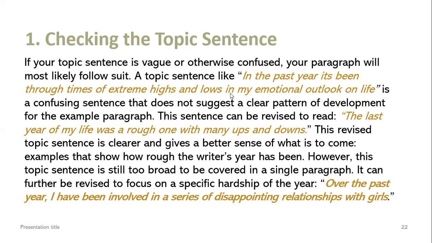So we can say, "Over the past year, I've been involved in a series of disappointing relationships with girls." So this topic sentence is not too broad and it's not too narrow. So it can be covered in a single paragraph. So the writer can then create a list of disappointing relationships that they had in the past year as their supporting details, and then include them in their newly written paragraph.